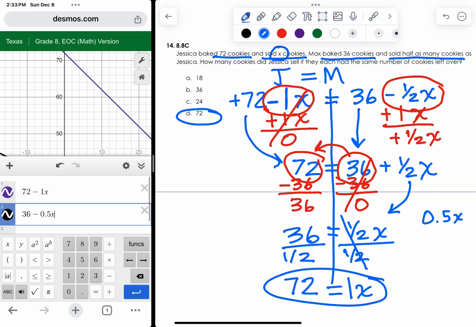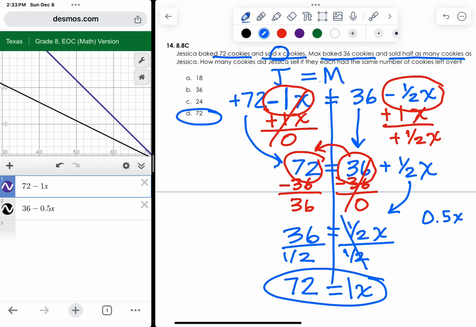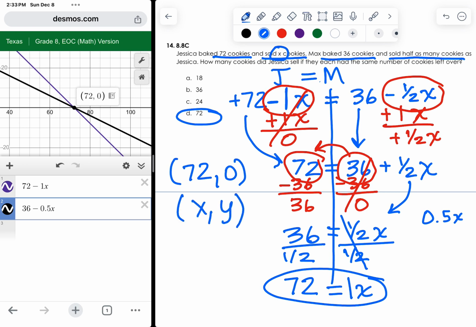And it will graph these two for us. Let's find out where these two meet. Right there, and it will pop up the ordered pair of their intersection as 72 comma 0. We know this is always written x comma y, and x here is equal to 72.